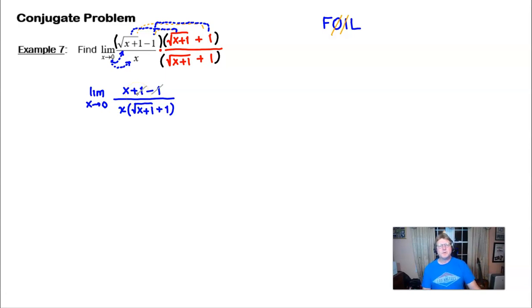Hopefully you all see that the ones will cancel away. And then you have this lone x term on top with a factor of x on bottom, and those will essentially cancel away. Now they'll make 1 and 1 in both of those spots. And I think at this point, it's probably a good idea to kind of reset and write down our final limit statement before we go any further.